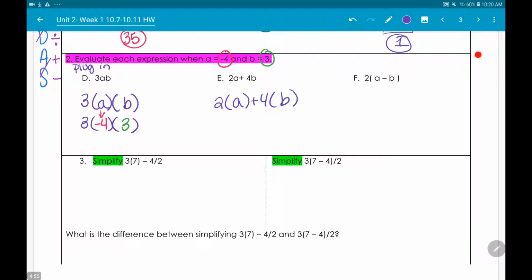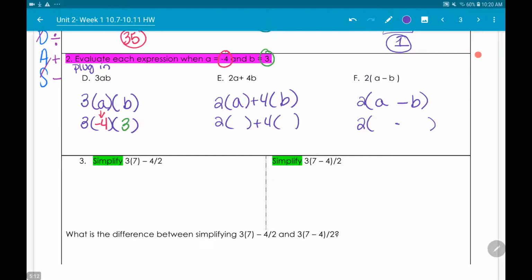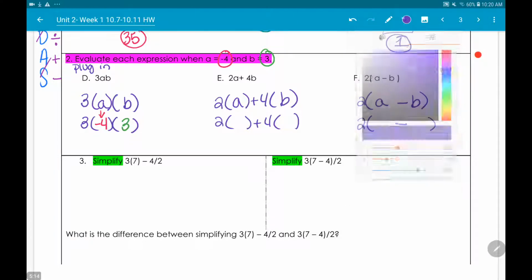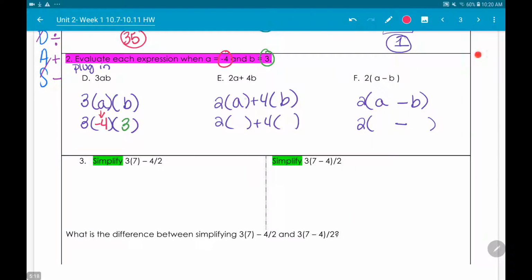Now before I move on, I'm going to do that for all of my examples. All right, so again, we had A was -4.